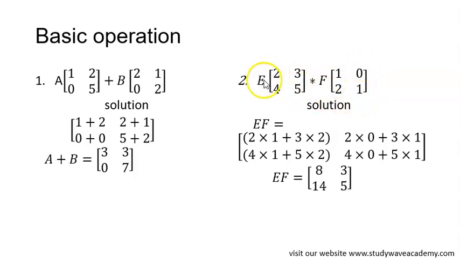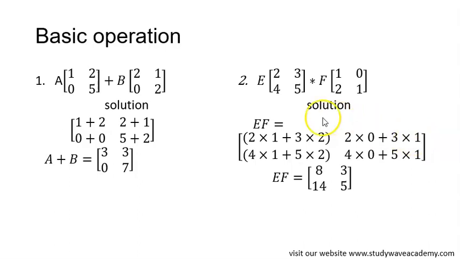So let's use the first row in E to multiply the first column in F, okay? 2 times 1, you write it out. 3 times 2, you write it out. Now we are done using the first row to multiply the first column. We are going to use the first row to multiply the second column, okay? 2 times 0, you write it out, and 3 times 1, you write it out, okay?